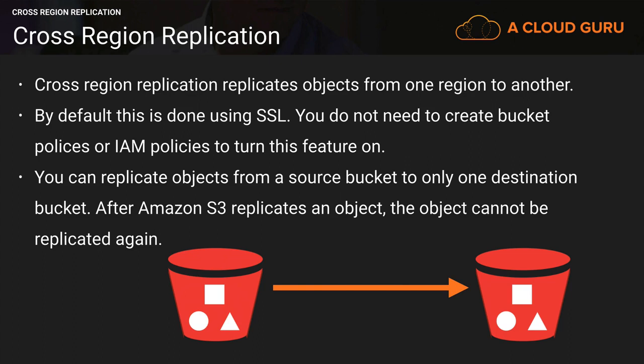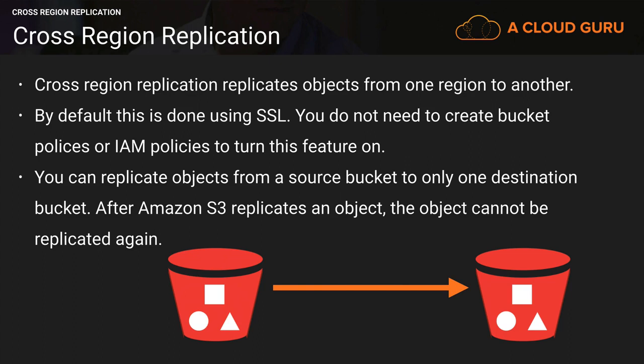The key thing to understand is that by default, this is done using SSL. So you do not need to create a bucket policy or IAM policies to turn this feature on. When you're doing it from one region to another, it's always done using SSL.